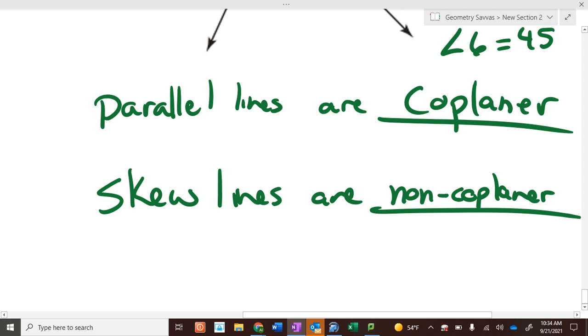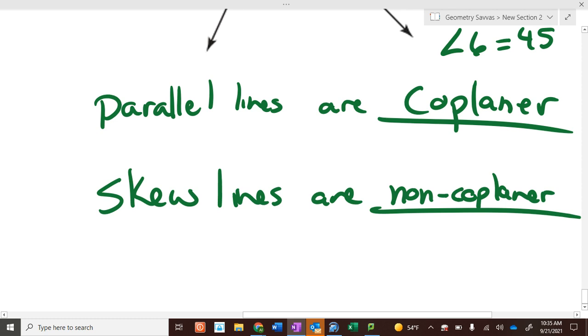We can make a plane between this stripe up here and this stripe down here, and then they'd be coplanar. Even though you say, well, the ceiling doesn't touch the floor, we can make an imaginary plane that goes up and down between them, and then they can be parallel. But if you got one line going this way in this plane and one line going this way in this plane, they're not going to be coplanar. So that's skew versus parallel.